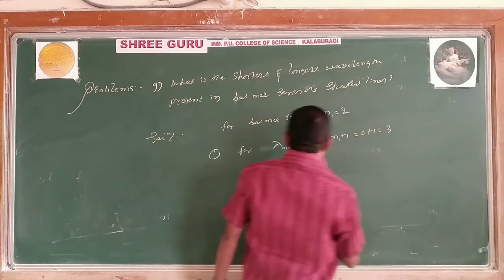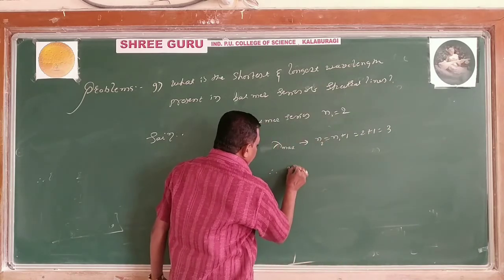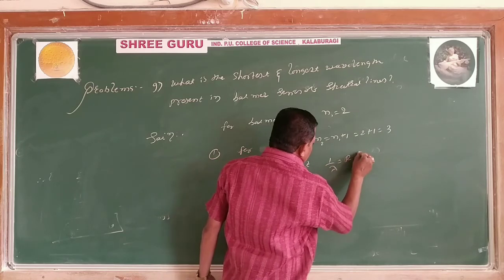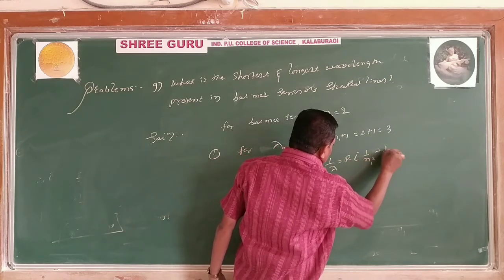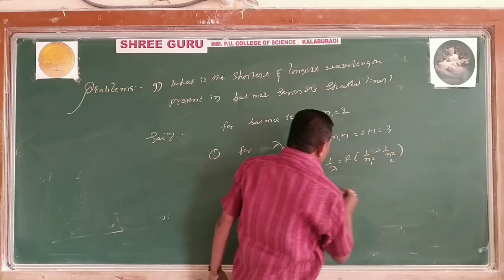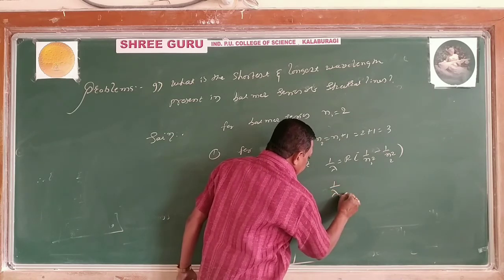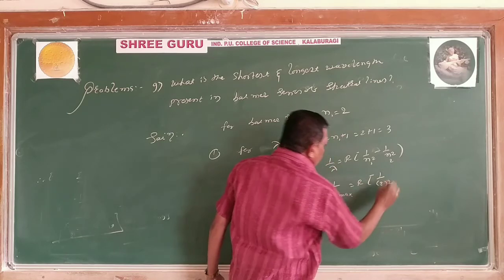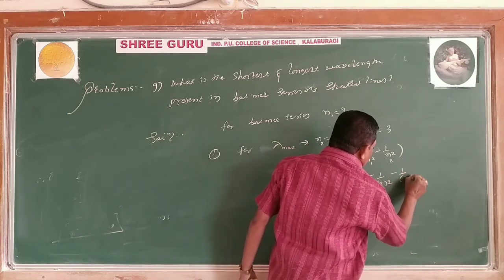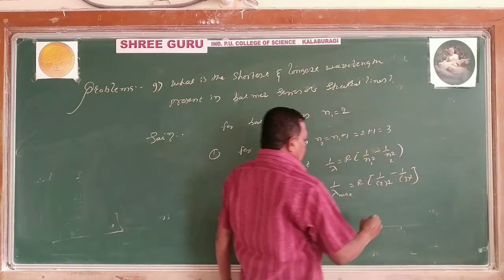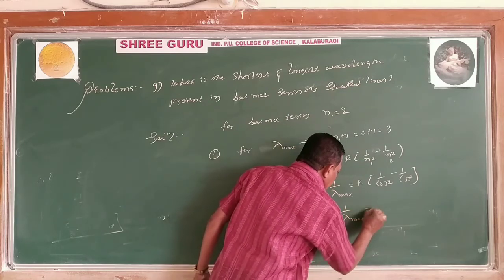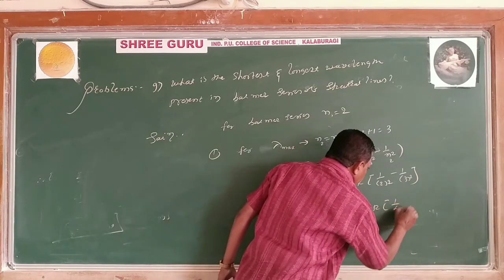Therefore, we know that 1 by lambda equals R times 1 by n1 square minus 1 by n2 square. So 1 by lambda maximum equals R times 1 by 2 square minus 1 by 3 square, that is R times 1 by 4 minus 1 by 9.